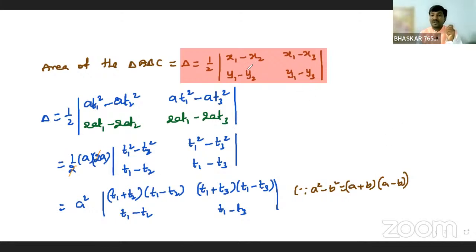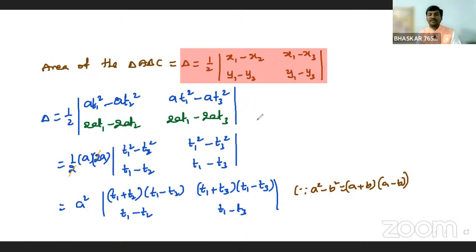Delta is equal to 1 by 2 into the determinant of x1 minus x2, x1 minus x3, y1 minus y2, y1 minus y3. Very good, once again.